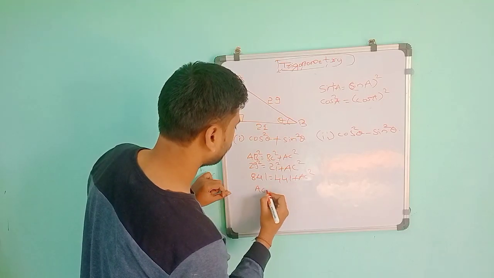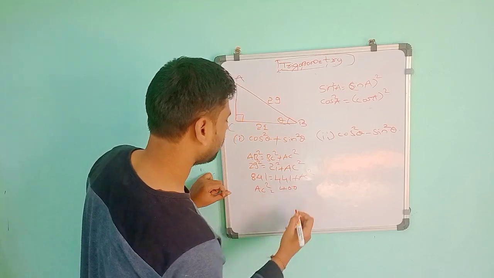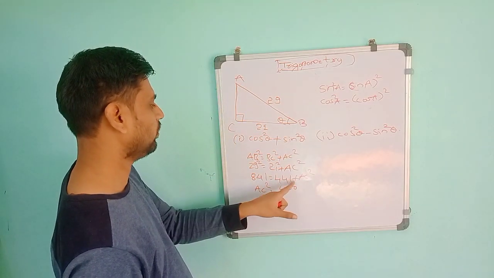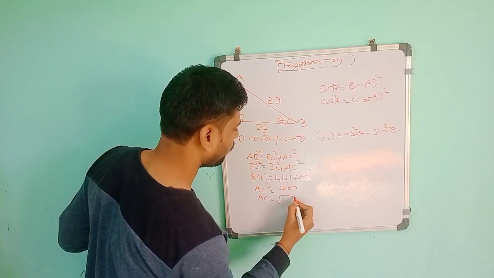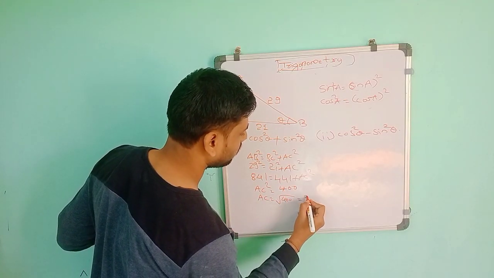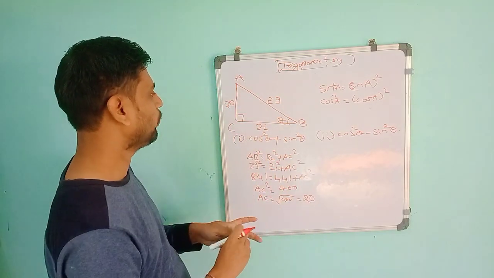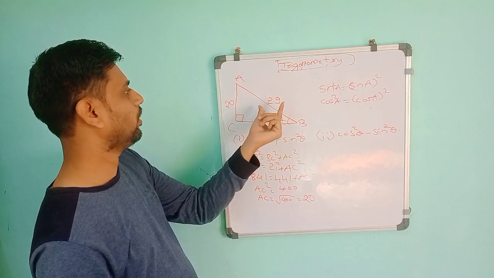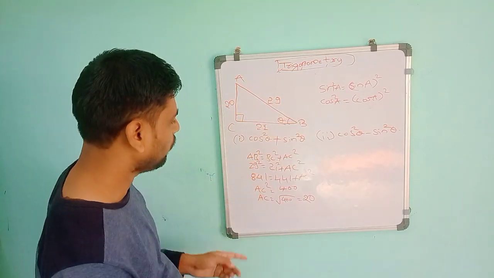So AC square is equal to 841 minus 441. That is 400. So AC will be root of 400, which is nothing but 20. So 21 square plus 20 square gives 29 square, that is 841. So you got the AC value.